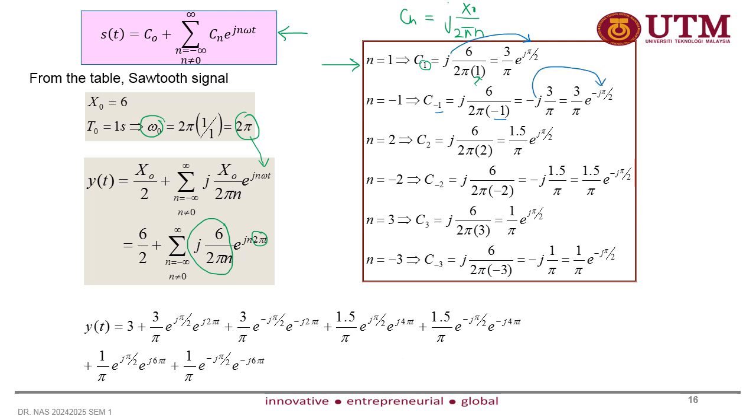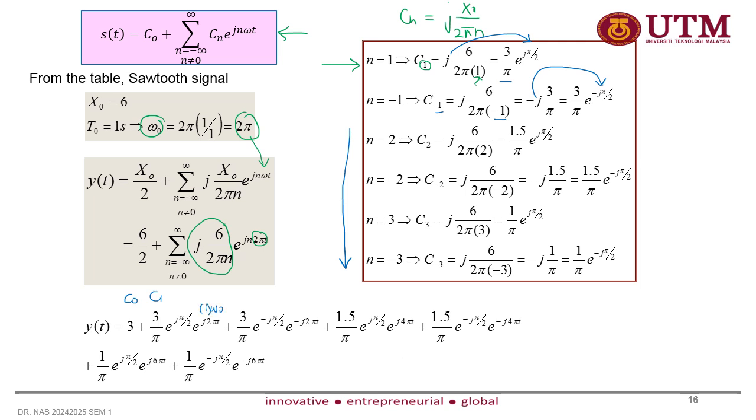Same goes to the rest of the n. Lastly, you need to write down the complete exponential Fourier series for the sawtooth signal. So this is your c0 plus the cn. When it is c1, the coefficient is 3 over pi e^(j n omega naught t), where this is omega naught, when n equals 1.